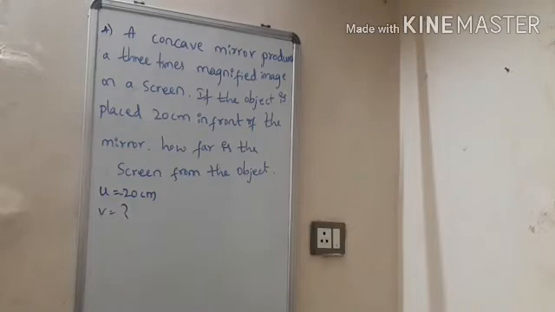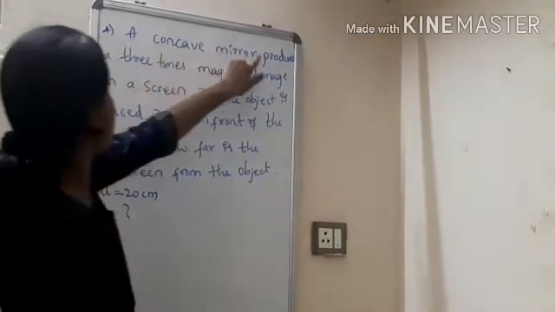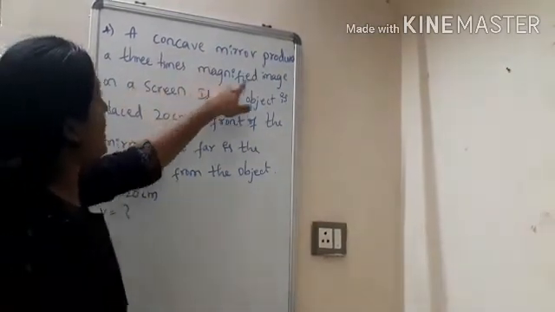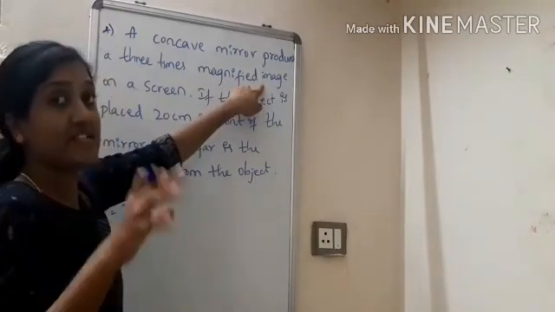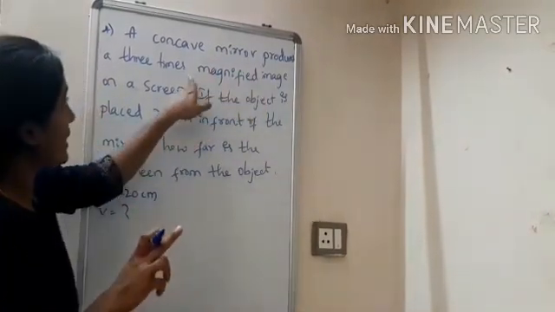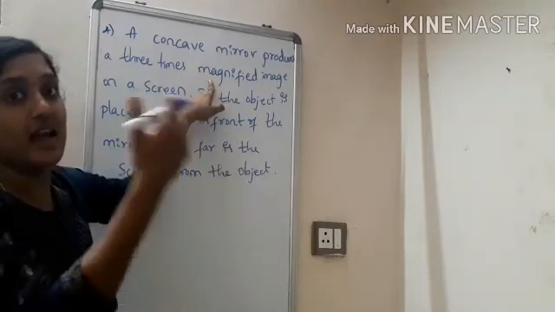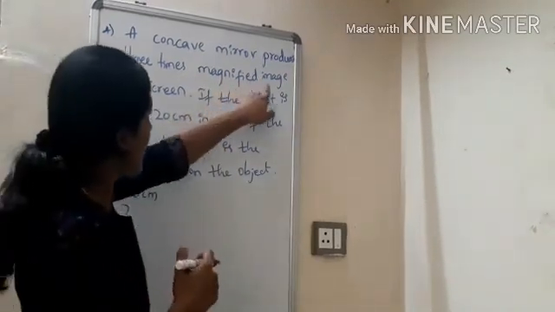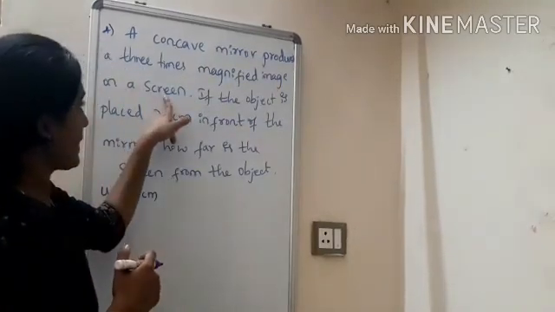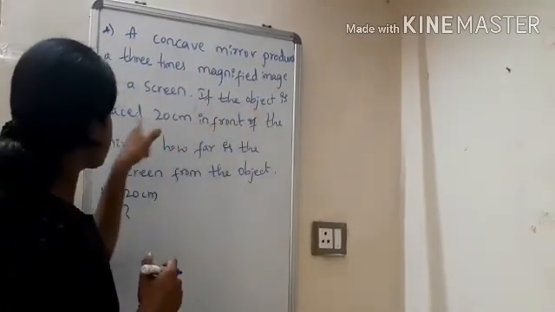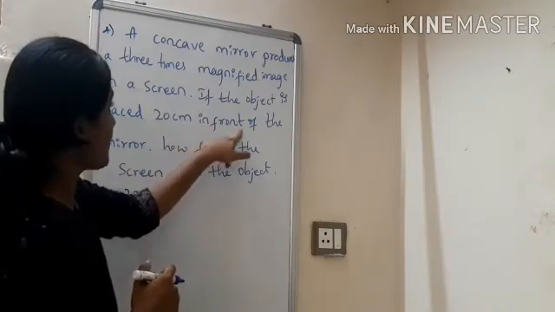So another problem: a concave mirror produces a 3 times magnified image. Concave mirror, it is converging. Here 3 times larger image than the original, magnified image on a screen, if the object is placed 20 centimeter in front of the mirror.